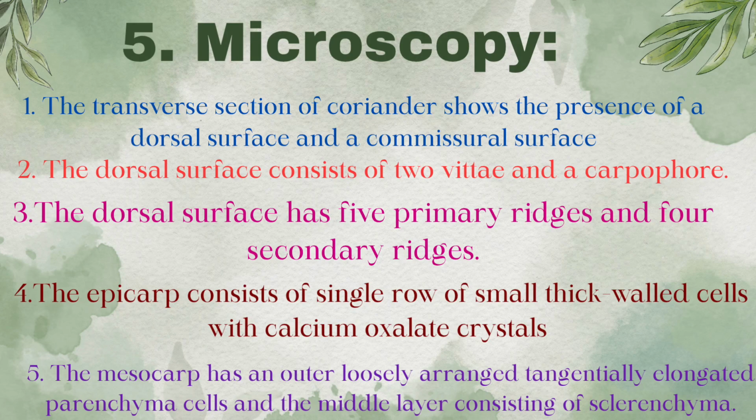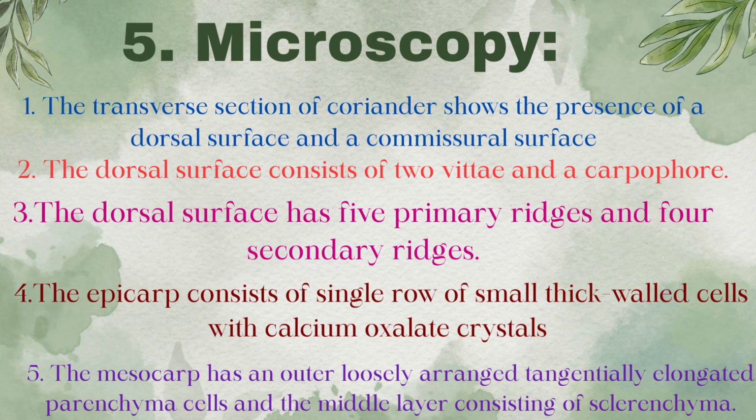First, the transverse section of coriander shows the presence of a dorsal surface and a commissural surface. Second, the dorsal surface consists of two vittae and a carpophore. Third, the dorsal surface has five primary ridges and four secondary ridges.